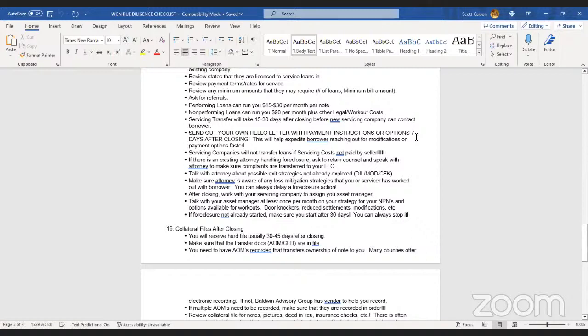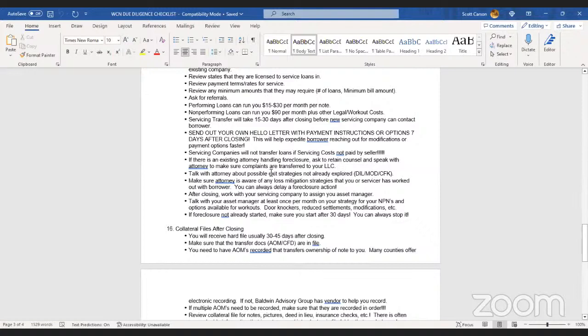One of the things to ask, like I said, is if there's an existing attorney on there. Hey, have the attorney fees for foreclosure been taken care of? Or you want to ask if you can retain counsel and speak with the attorney, to make sure complaints are transferred to your LLC, that you're now the plaintiff handling the foreclosure. You've got to be careful about that.